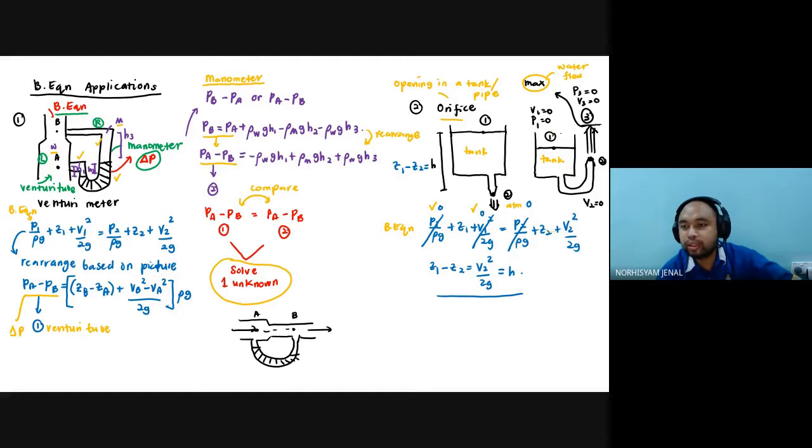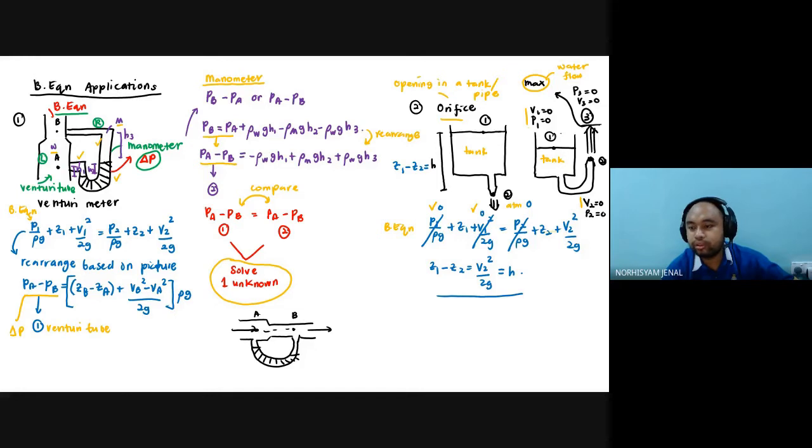So at point 1, remember we have V1 equals 0, P1 equals 0 here for point 1. Okay, and then for point 2, we have V2 equals 0, this point. Pressure should also equal 0. Okay, for here, V2 equals 0.